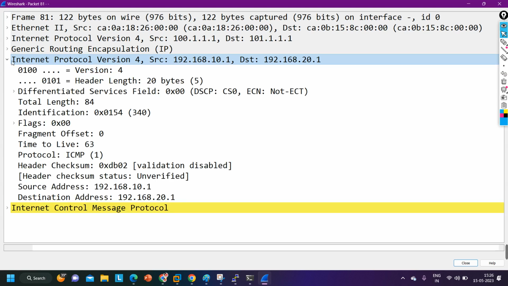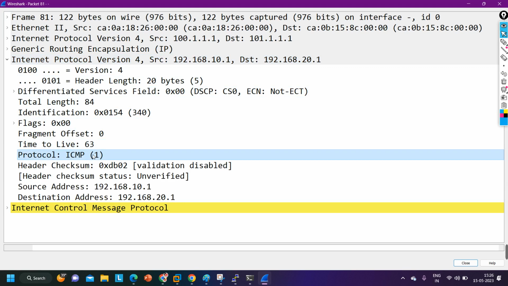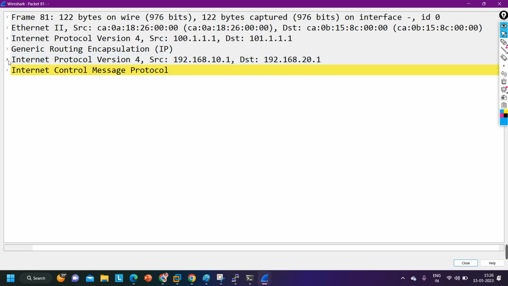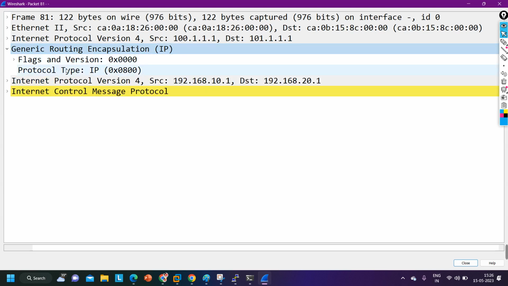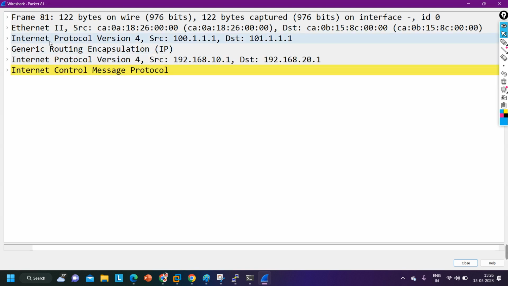The protocol field value is 1, which means the upper layer traffic is ICMP. After that, the router should add an Ethernet header. But between the Ethernet header and your actual IP header, there is one header called the GRE header, and in the GRE header there is information of only the IP protocol.